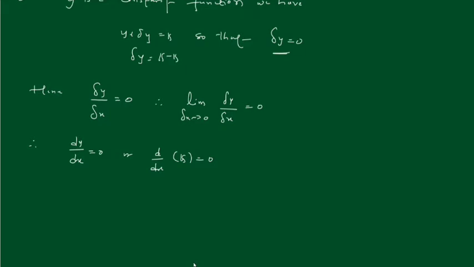Thus the derivative of a constant is 0. So already you know the differentiation of a constant is 0, and we have proved this also.